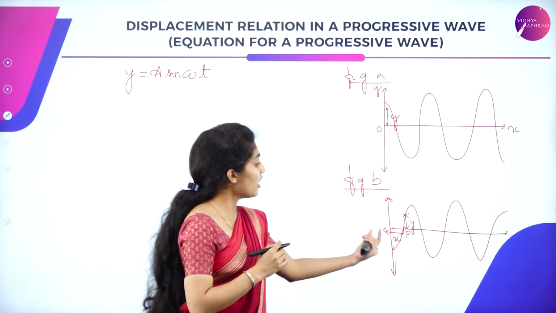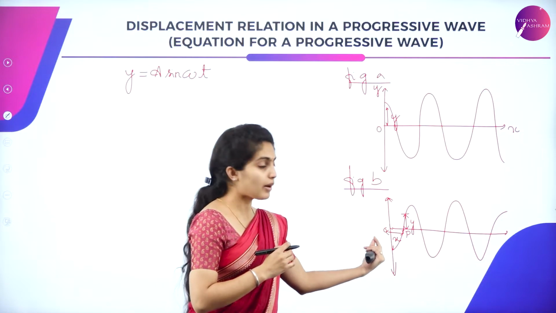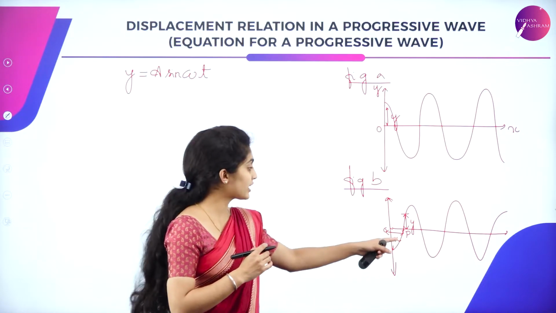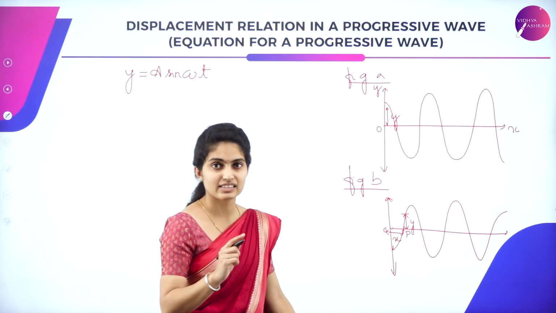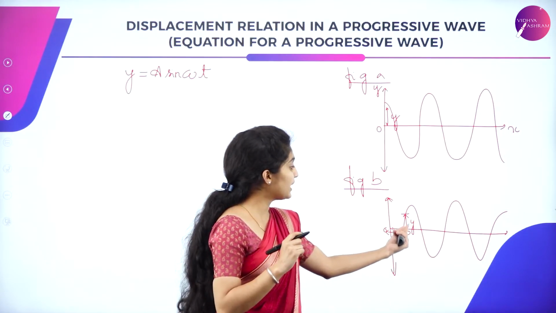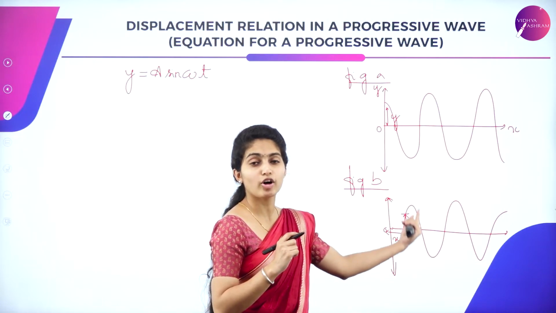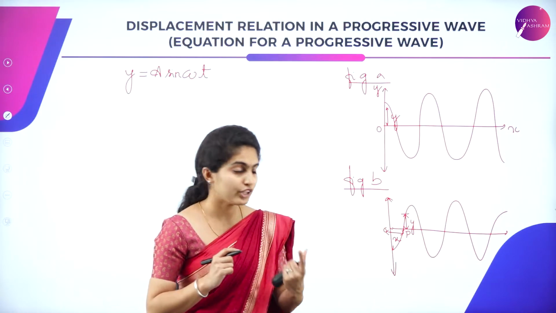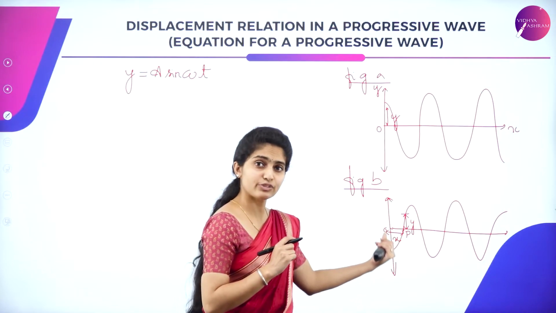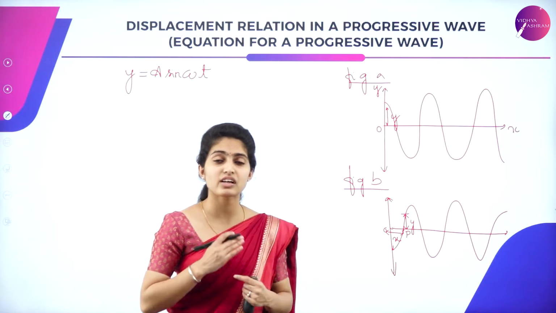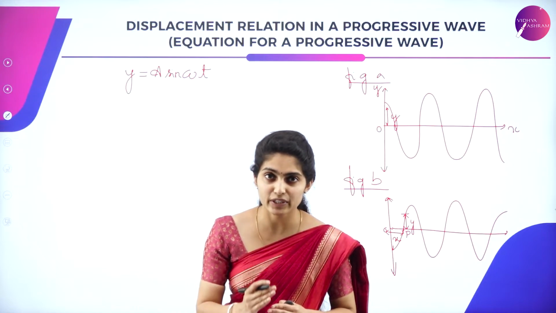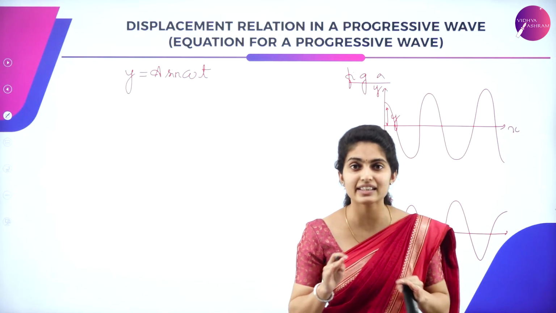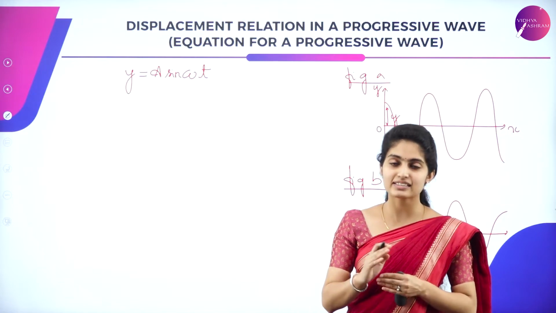So here from O to P, the displacement of the particle is x. And from P in the vertical direction about the mean position, the displacement is y. When a particle travels from O to P, the displacement it undergoes is x with respect to a certain time, and we don't know exactly what time it is, so we retain the variable as it is, time t.